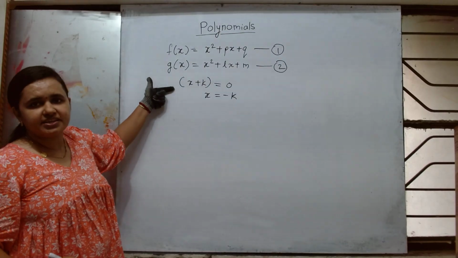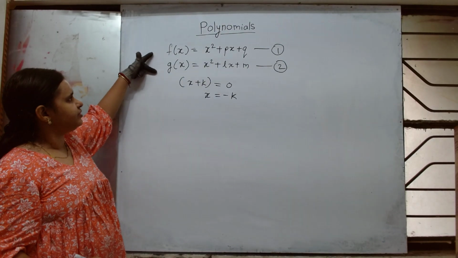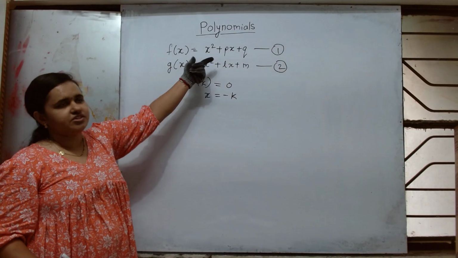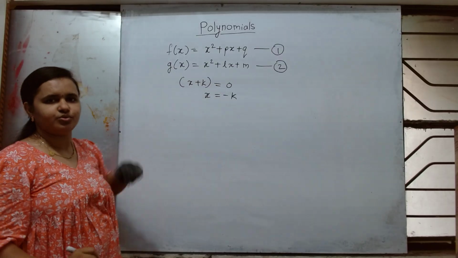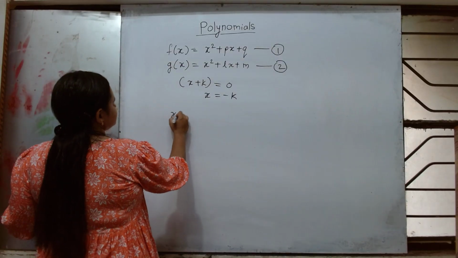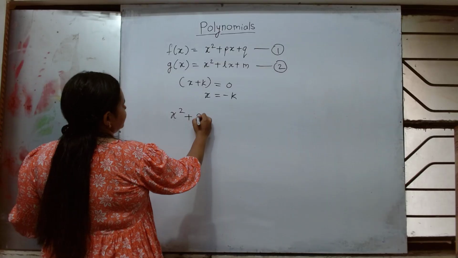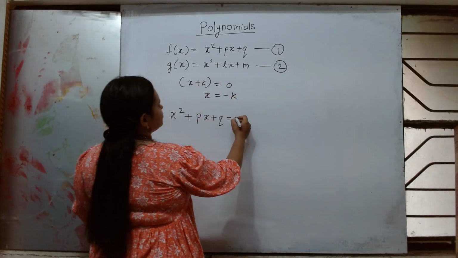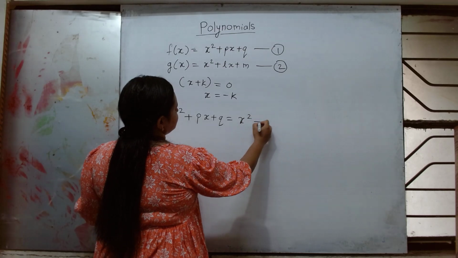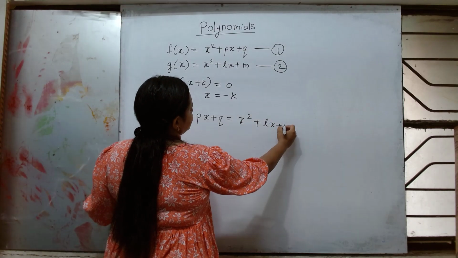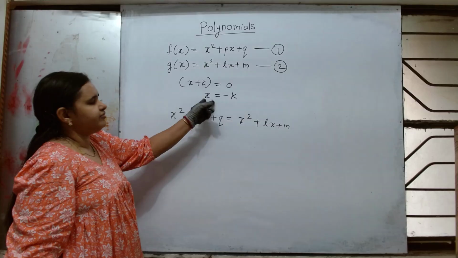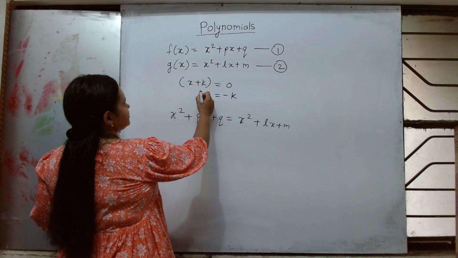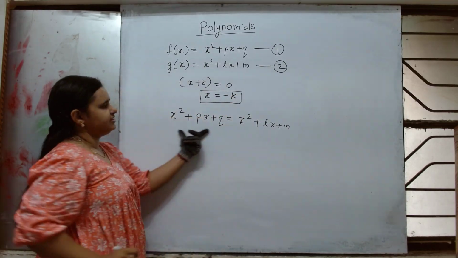So equation 1 is equal to equation 2: x square plus px plus q is equal to x square plus Lx plus m. Now put the value of x equal to minus k in this equation.